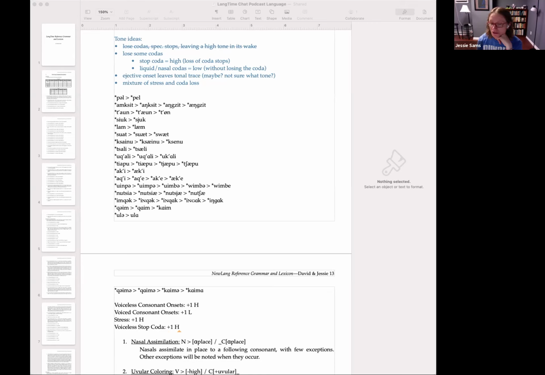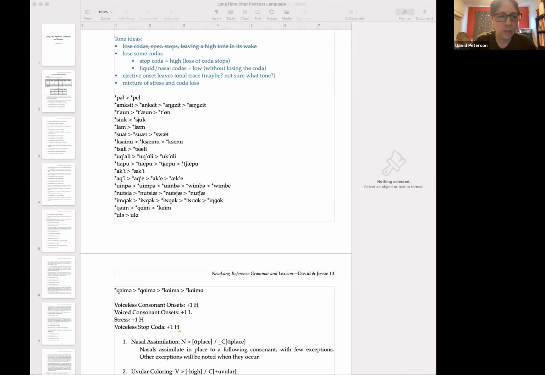For languages where it appears that voiced consonants do this and voiceless consonants do that, what's actually happening is differences in subglottal pressure and longitudinal vocal fold tension. The voiceless consonants have greater tension, and that's what leaves the higher tone. That's just kind of cool.